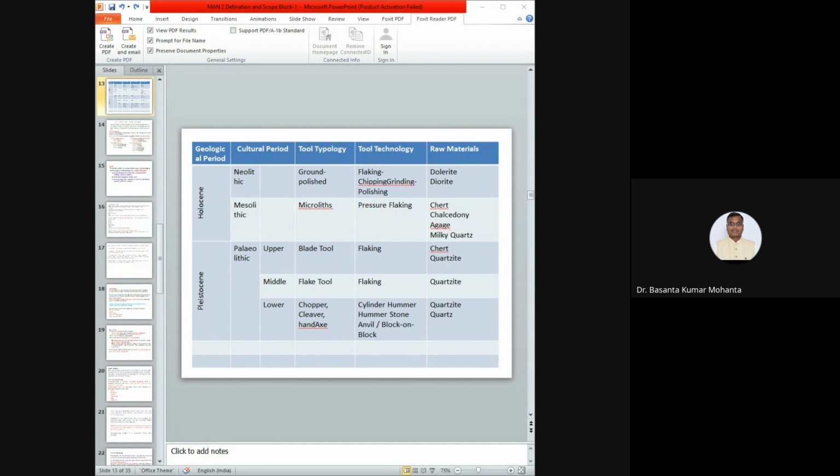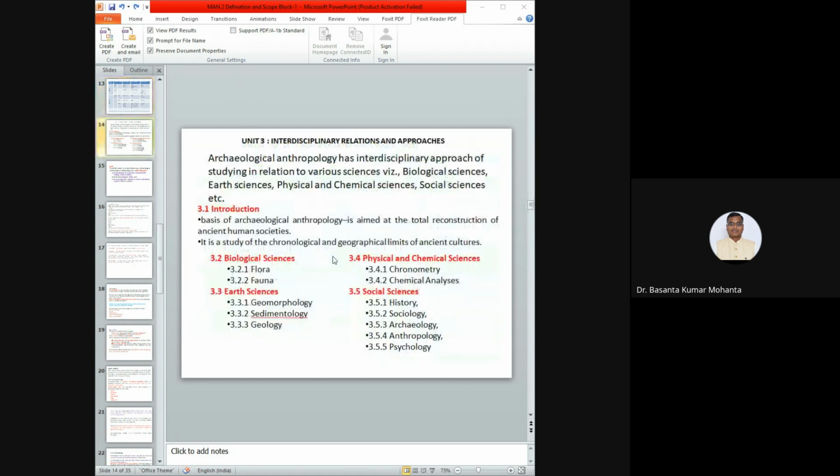So now we will proceed towards interdisciplinary research. Nowadays, in any subject, any area, the researchers and scientists are focusing more and more on interdisciplinary areas, where scientists from different subjects, specialists, are working together.